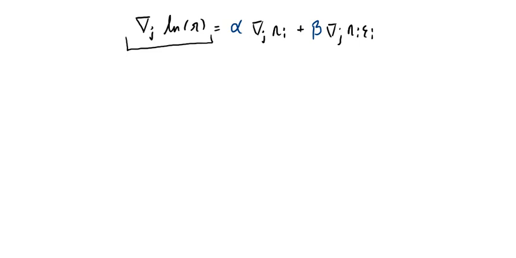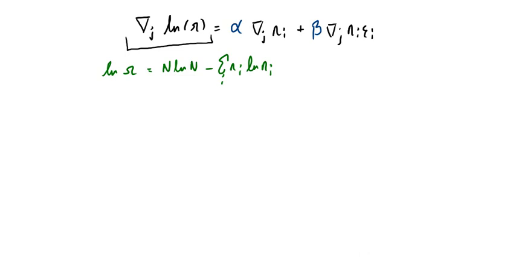So we know that ln omega is n ln n minus the summation over i of n_i ln n_i. Now let us find the gradient.